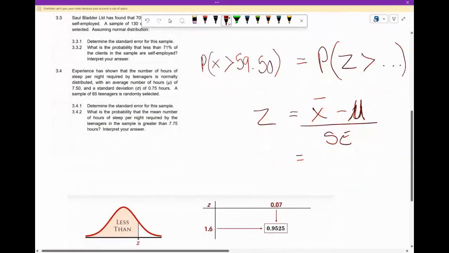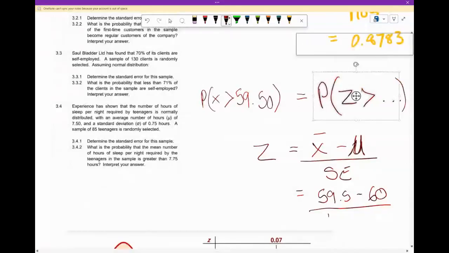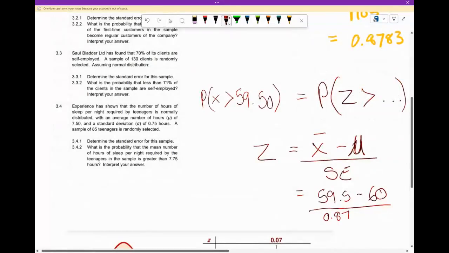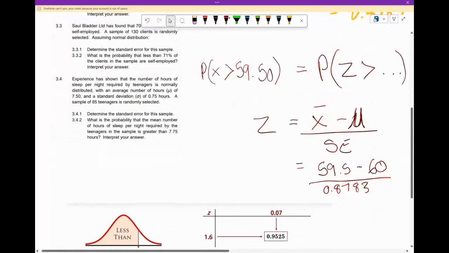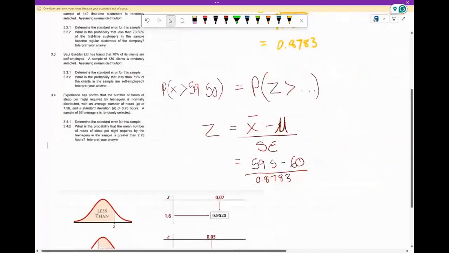So we then say 59.5 minus 60 divided by SE, which we just calculated to be 0.8783. What do we get as our z-score? Let me zoom out a little bit.